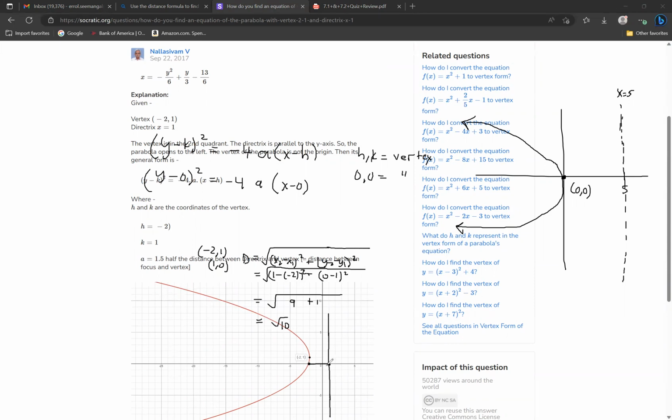What's that distance? One, two, three, four. But half of four is two, not 1.5. That's why I'm not sure where they get the 1.5 from.